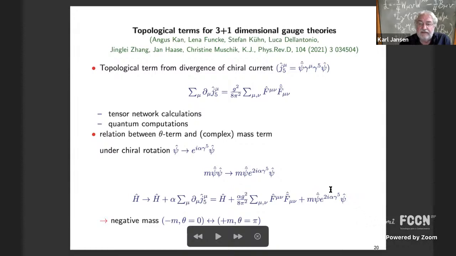So here would be a theta half. So this is what I meant: if I see a phase transition at a negative fermion mass, this corresponds to a phase transition at theta equal pi if I have a topological term. Now in 2+1 dimensions, this is not so easy because we don't have a continuous divergence here, we only have a parity symmetry, but the same statement would be true, I hope. This is our knowledge at the moment.